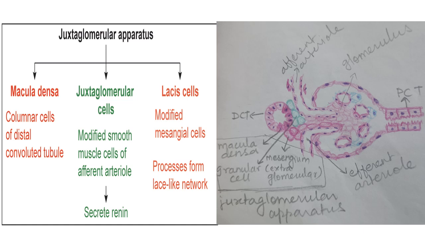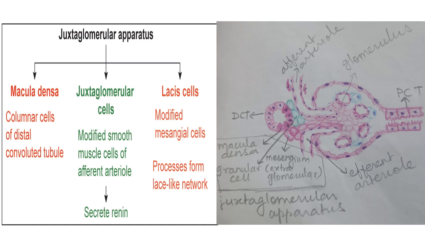The macula densa cells are narrow, columnar, crowded cells, and the nuclei of these cells are crowded and they overlap, hence it is known as macula densa. They monitor the ionic constitution of fluid passing across the tubule, and they also influence the release of renin.